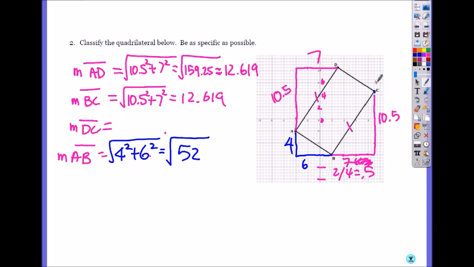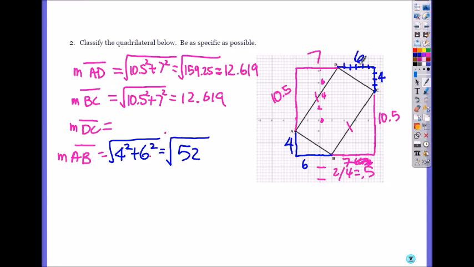1, 2, 3, 4. 2, 3. No. 2. It's hard to read this, right? 1, 2, 3, 4. 1, 2, 3, 4, 5, 6.